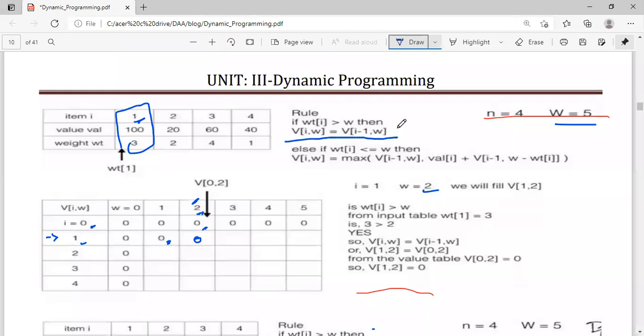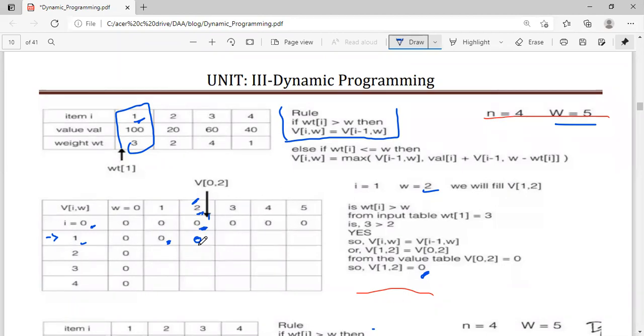This rule will be applied here: V of 1 comma 2 is equal to V of 0 comma 2. From the table, the value of V of 0 comma 2 is 0, then V of 1 comma 2 is equal to 0.